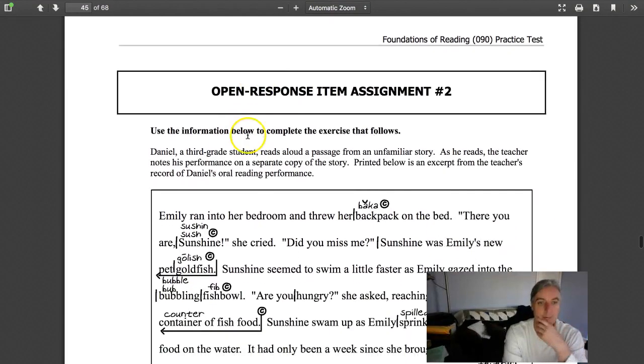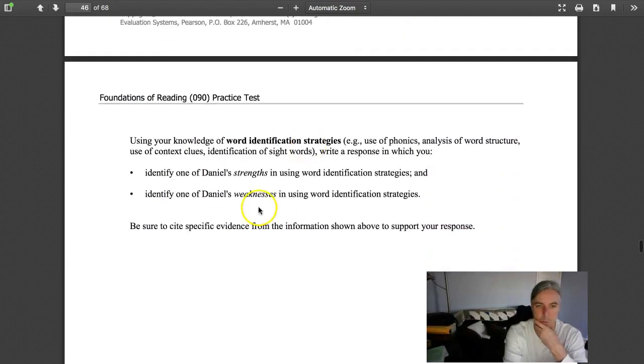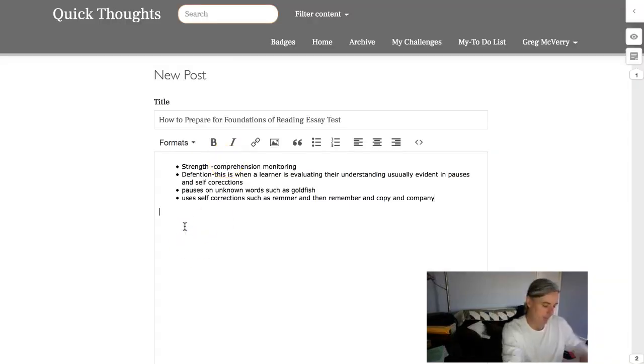So be boring. Here's Daniel, and it says, identify 1 strength in using word identification strategies. 1 strength Daniel has in word attack strategies, dot, dot, dot, fill in the blank.